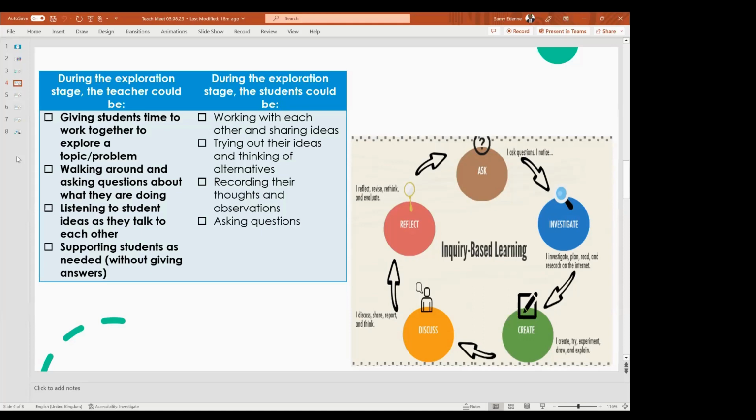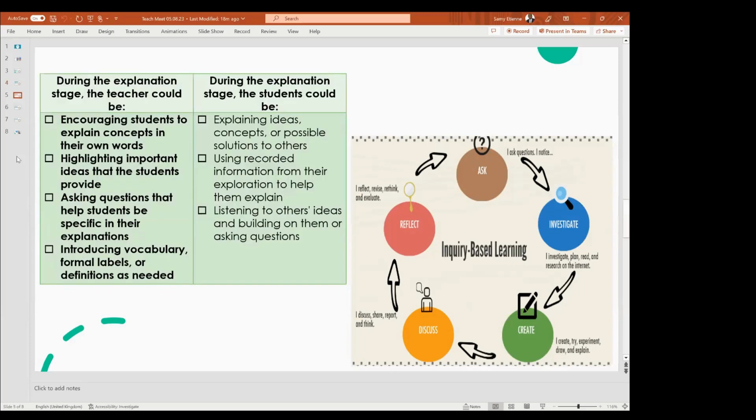Then we're moving on to the explanation stage. So at this stage, the students should have a good understanding of the concept, and they are now keen to explain the concept, explain the research, what they've recorded, what they've gathered to you as a teacher, to anyone else within the classroom or outside the classroom.